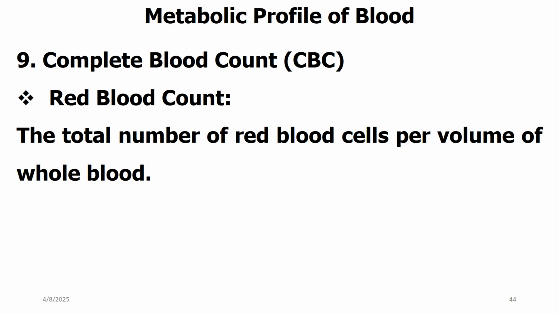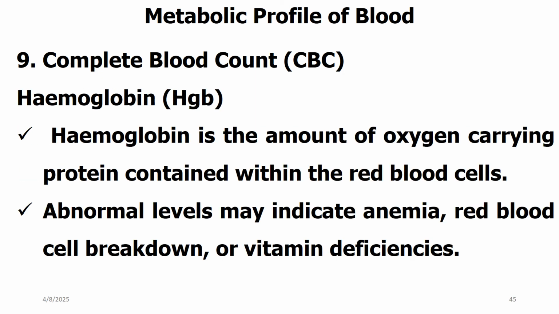Now, red blood count. Again, it is the total of red blood cells per volume of the whole blood. Hemoglobin is the amount of oxygen-carrying protein contained within the red blood cells.